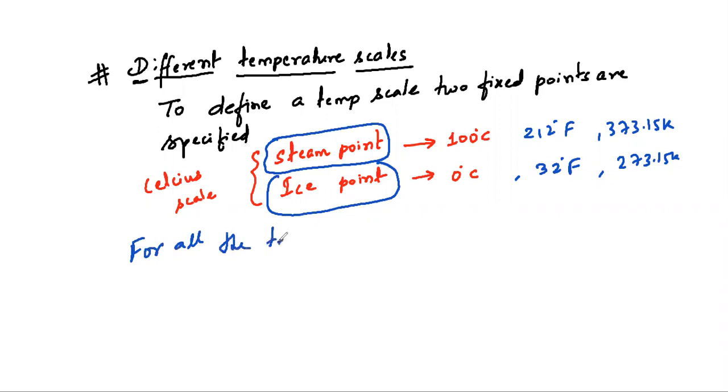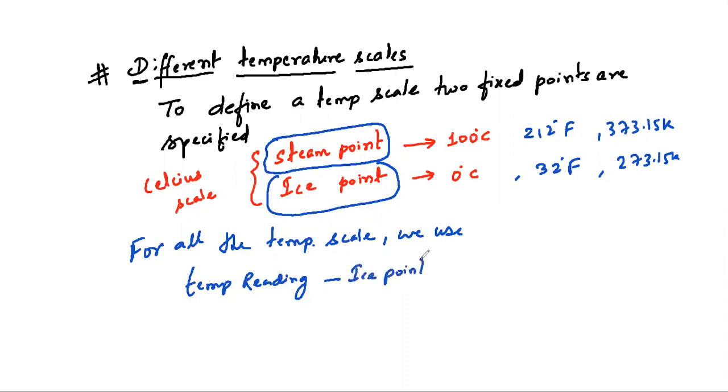For all the temperature scales, we will use a common formula, that is temperature reading minus ice point, divided by steam point minus the ice point.